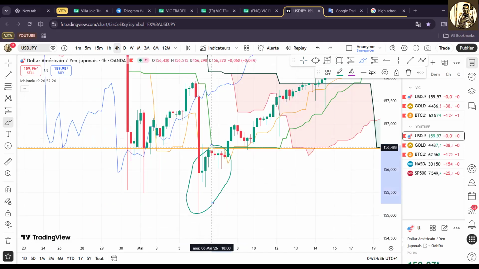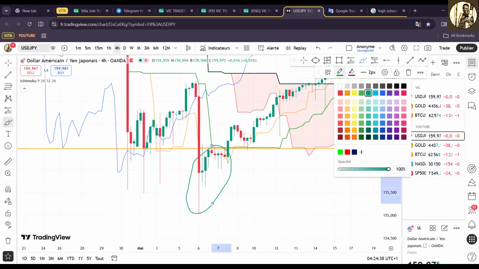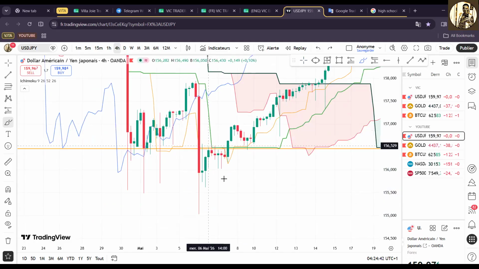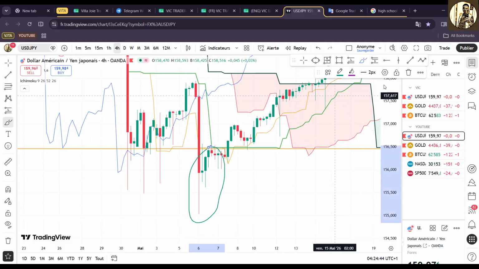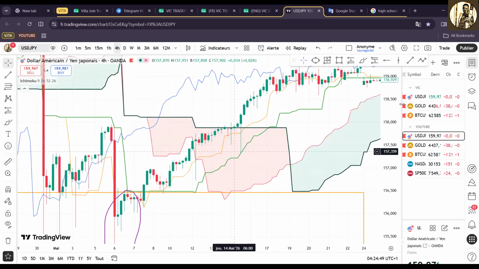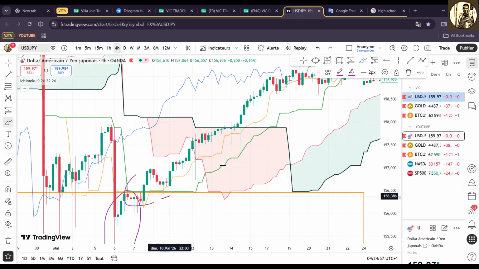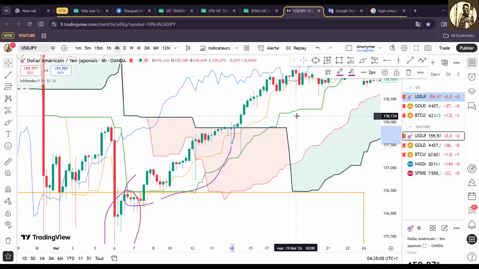So now on H4, we are drawing the origin, we are drawing the cycle, right? The origin, the... Why is my mouse disturbing?